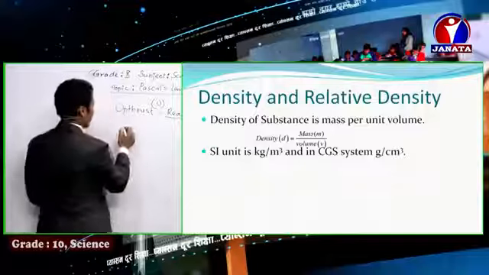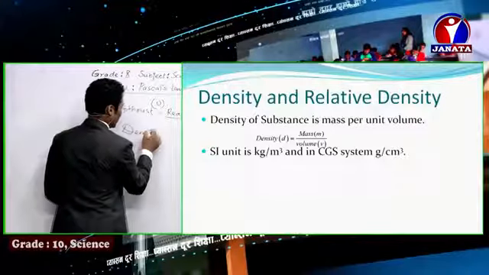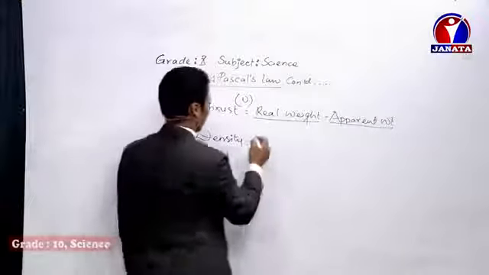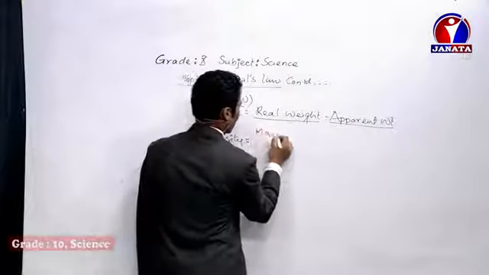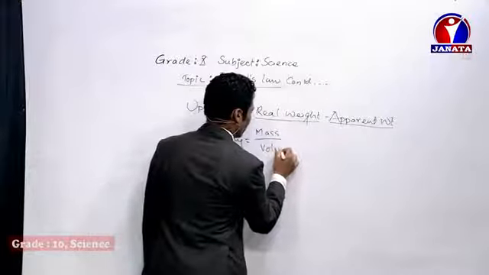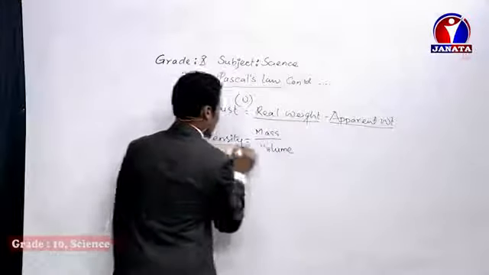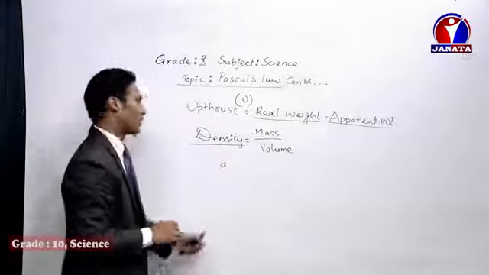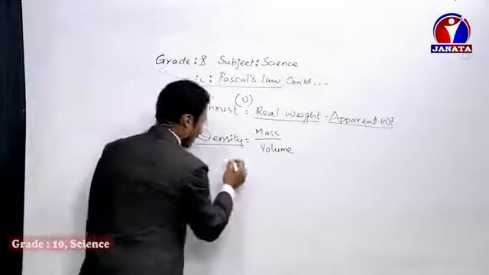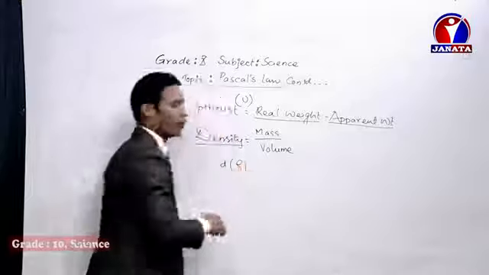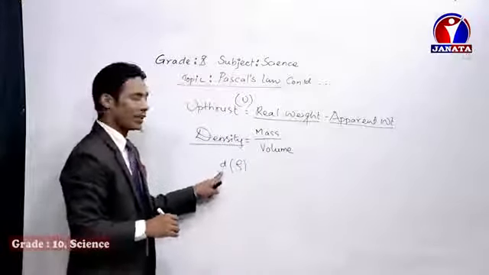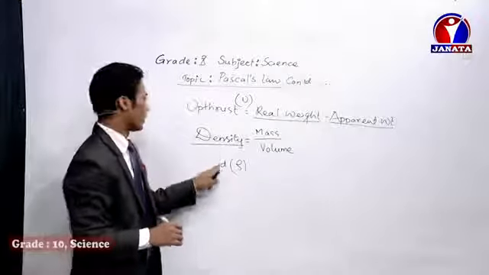So density can be defined as the ratio of mass and volume, that means mass by volume. If you represent density by d, small d can be used, and we can also use rho for the representation of density.